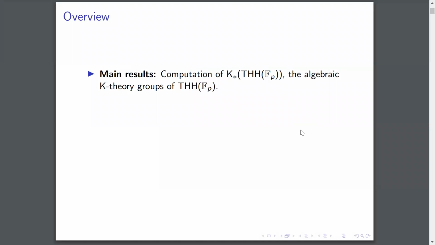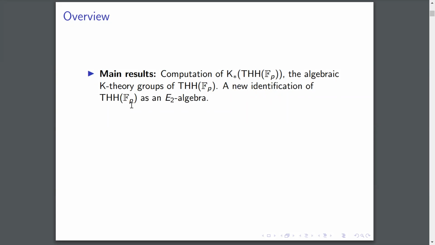Okay, so as you can see in the title, the main result of our work is a computation of the algebraic K-theory groups of topological Hochschild homology of FP. That's the main result, and there is also another result that comes out of this work that is of interest on its own, we believe: a new identification of THH-FP, this important object in trace methods, as an E2 algebra.